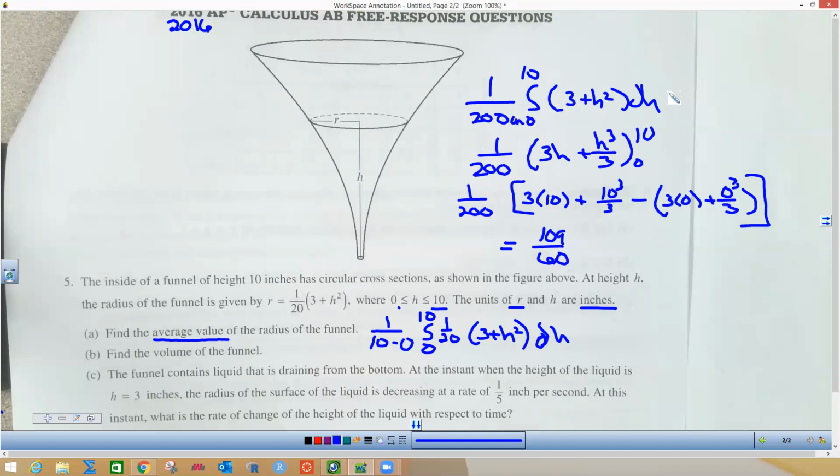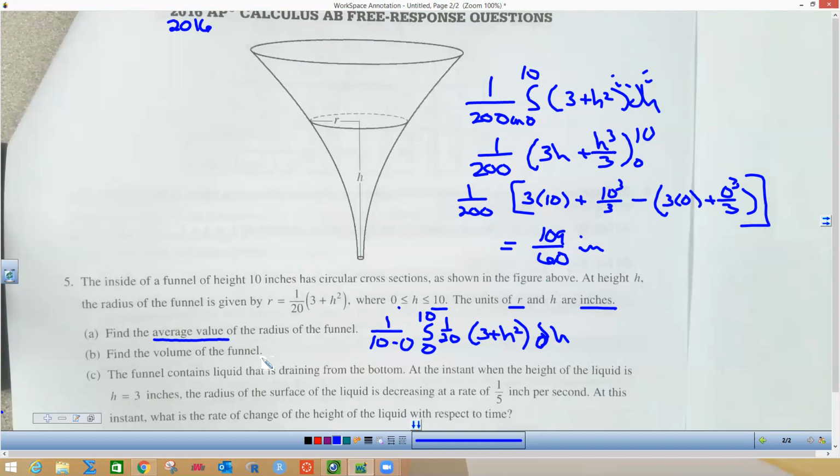And then the change in the height is inches, and the change in this part is also inches. So when you do the multiplication of these, you get inches squared, but you're going to divide by that inches. So this would end up being inches again. Whenever you do an average value, whatever this measurement is over here, this part right here will end up being the same here. So the average radius is 109 over 60 inches.